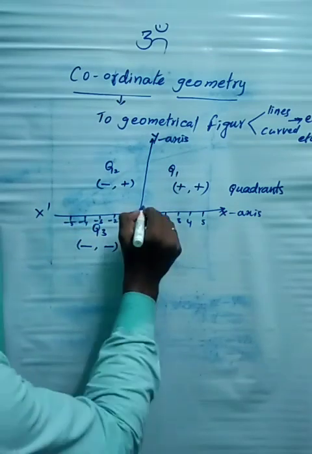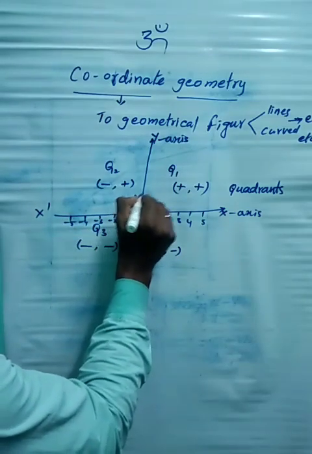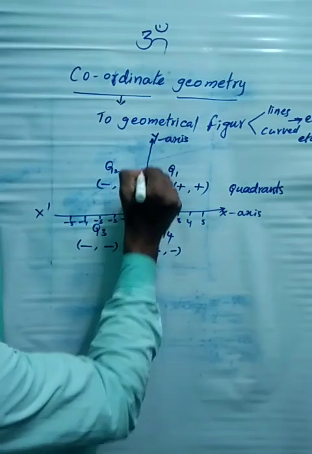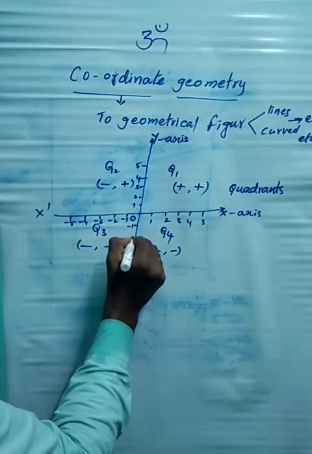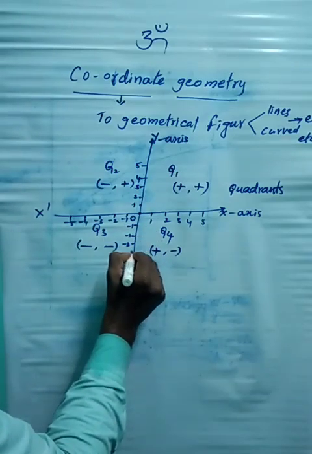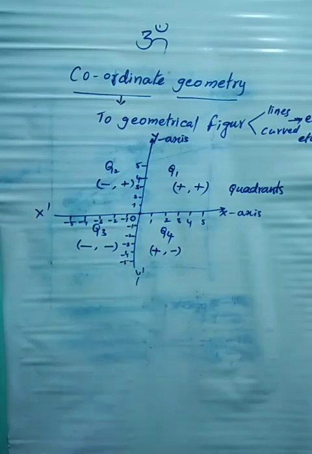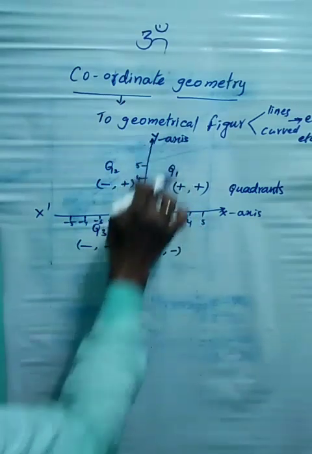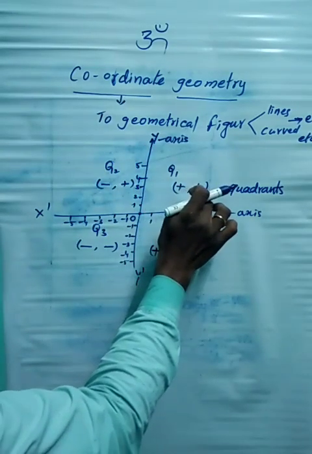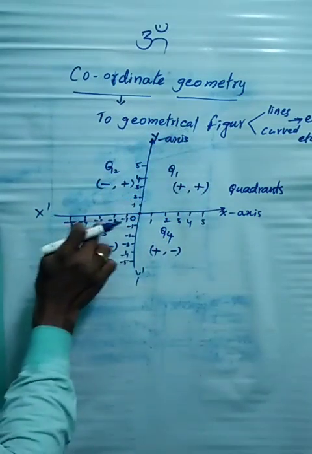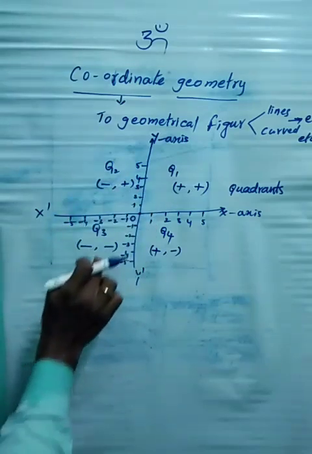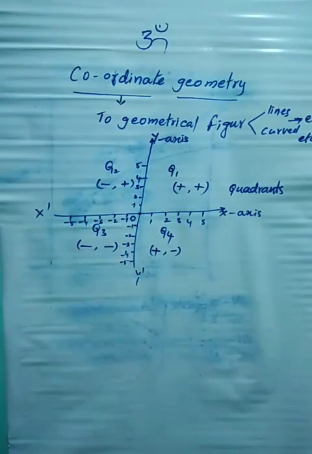In the same way on the y-axis 1, 2, 3, 4, 5 and so on, and from 0 downward minus 1, minus 2, minus 3, minus 4 and minus 5 etc. Because numbers are infinite, either left side or right side, negative or positive. So here positive numbers, here also positive numbers. That's why quadrant 1 is plus plus. Here in quadrant 2, y axis is positive and x axis is negative. Negative means minus, positive means plus. In the same way here, both are negative, so we take minus.